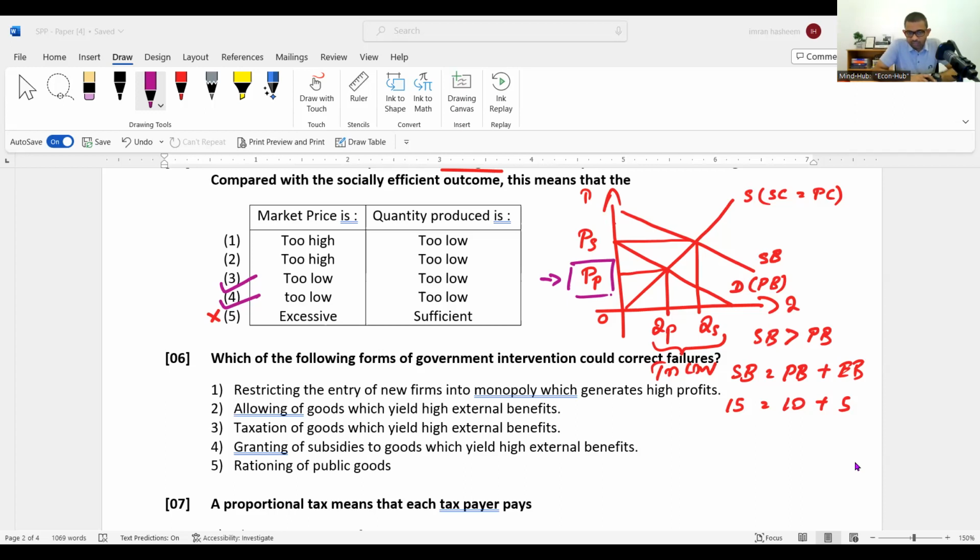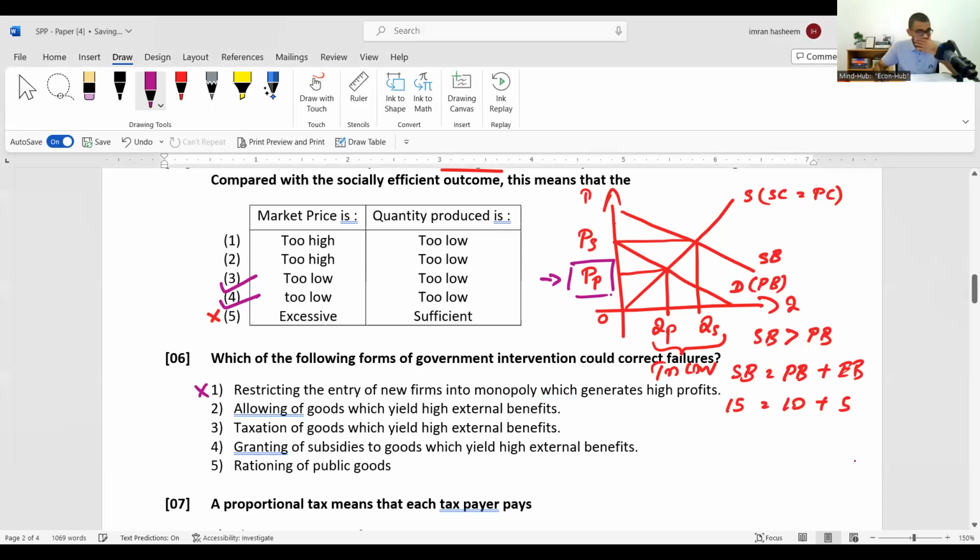Restricting the entry of new firms into a monopoly which generates high profits? No. Monopolies are to be discouraged, unless it's a natural monopoly and a state-owned natural monopoly which is profit making or making surplus, that's a different argument. If not, we always try to encourage competition, not to encourage monopolies. Is that clear?